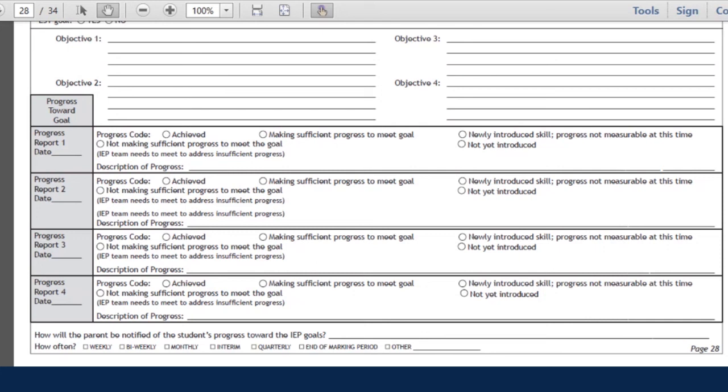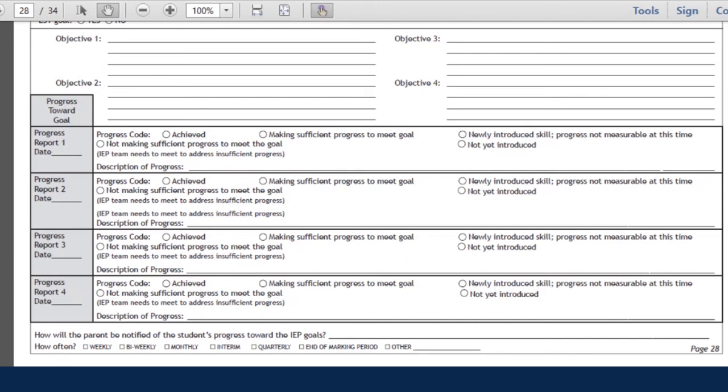sometimes the teachers accidentally select the wrong box, because I think that "making sufficient progress" might be pre-selected, or they're just so used to selecting that box. So it is worth double checking to make sure that the description of what is actually happening matches the fact that they are making sufficient progress. So what you're looking for is the trend in progress through each quarter.